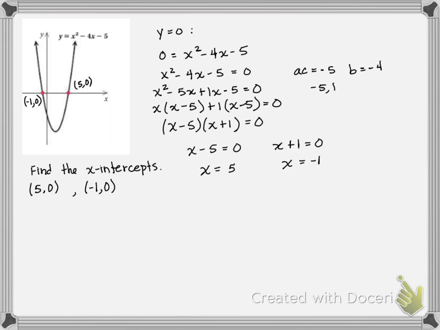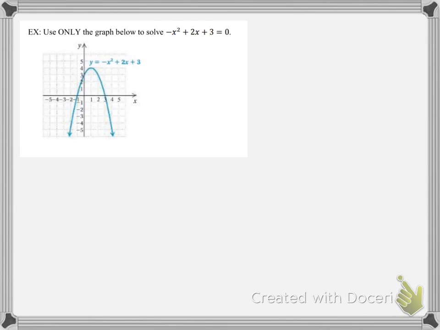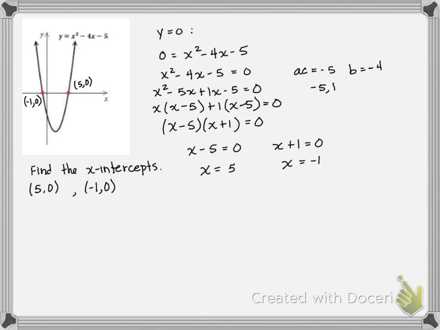Now there's another type of question that they give that looks really similar to this, which is this one. So let's talk about the differences between the problems first, and then we'll do that second problem.